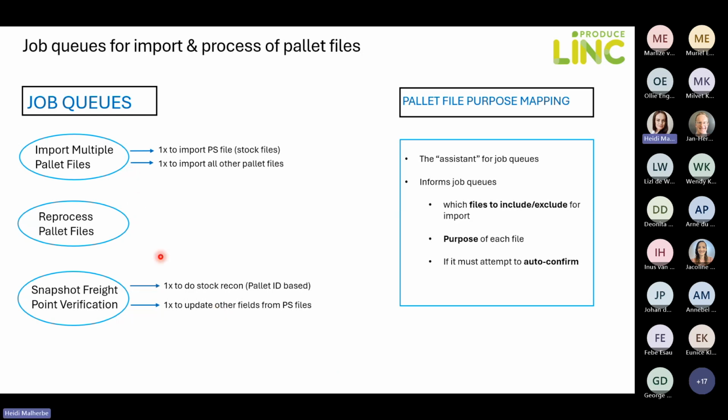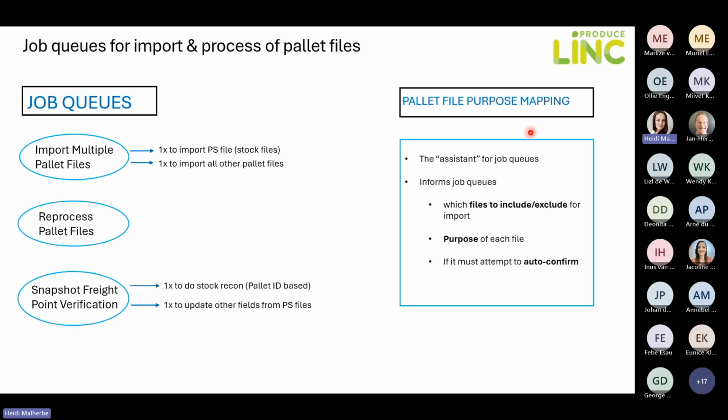The job queues can't function on their own. It has got a helper, and that helper is pallet file purpose mapping. So for any of the automatic imports and reprocessing to work, you will need to set up some master data in pallet file purpose mapping. Its job is threefold. It's going to inform the job queue which files to actually pull or import from Azure and which ones to skip over for the time being.